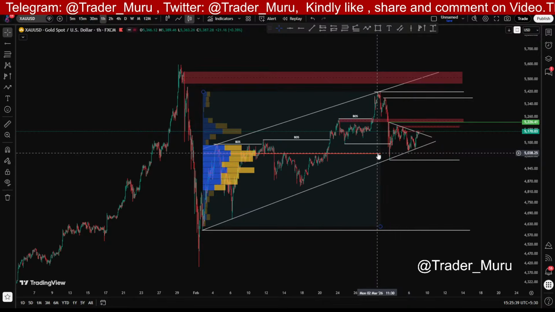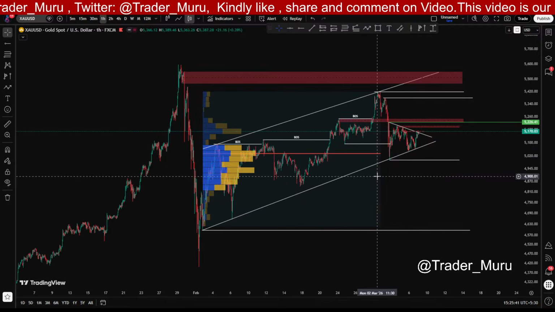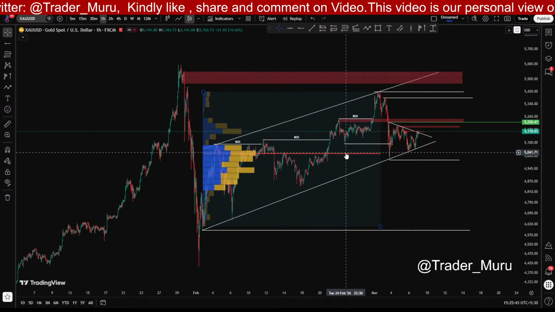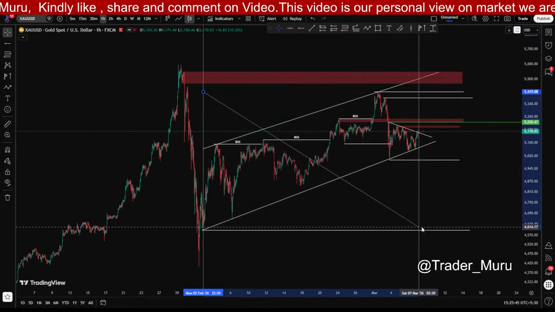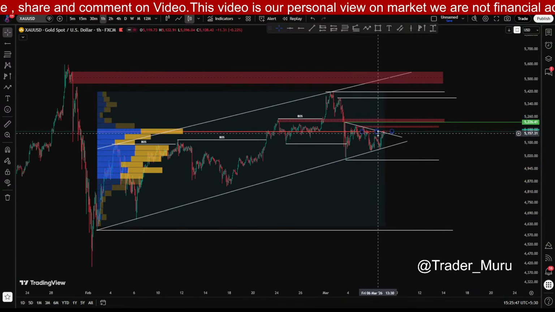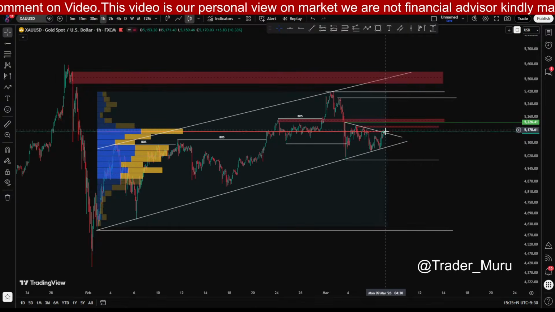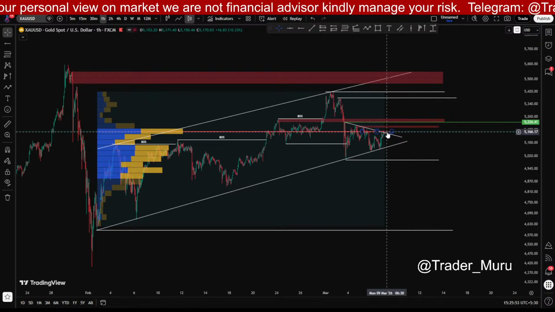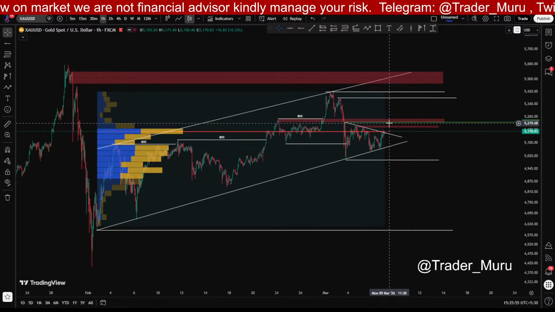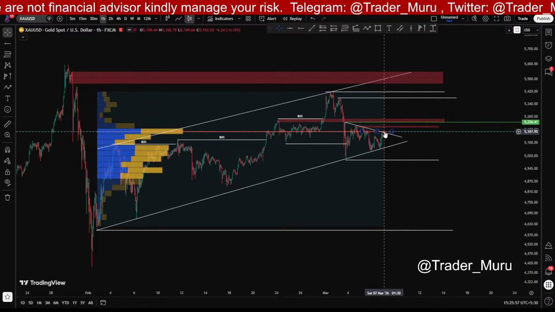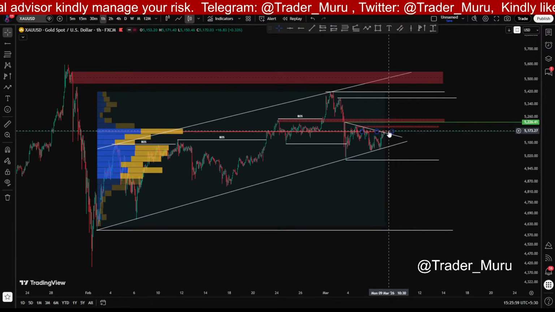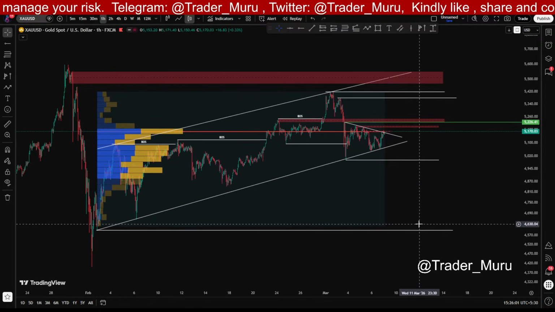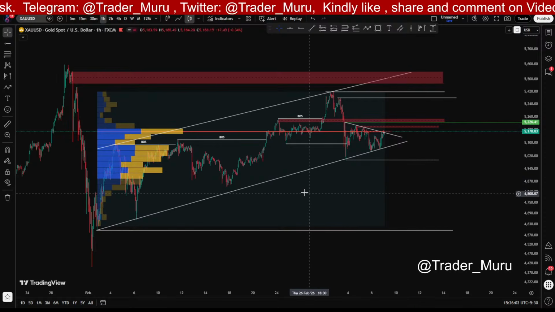As you can see, price is bouncing from it. Right now we are at the max traded price. If this flips, it will be another pump. As I said, if this gets rejected, there is a possibility we will see a reversal.